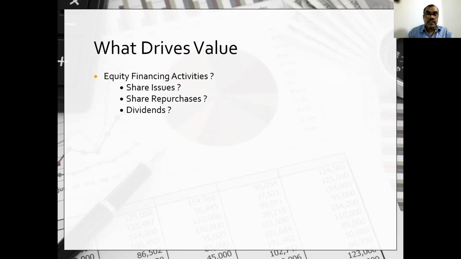Take an example like this. Suppose that there are two identical businesses, with total assets of 500.